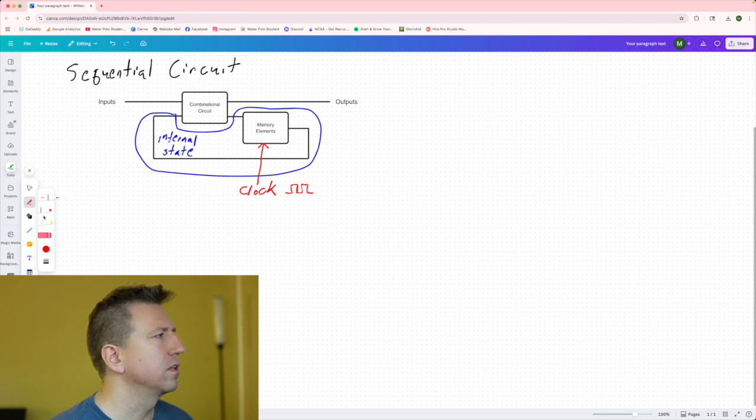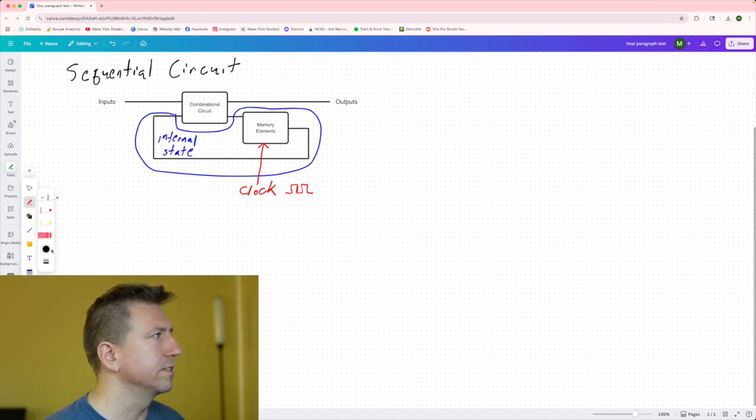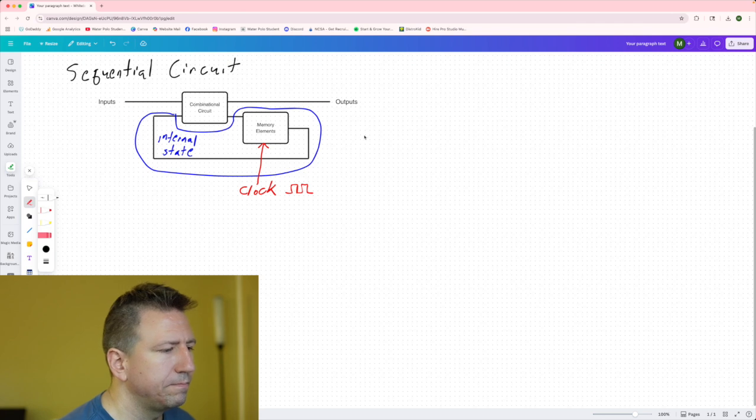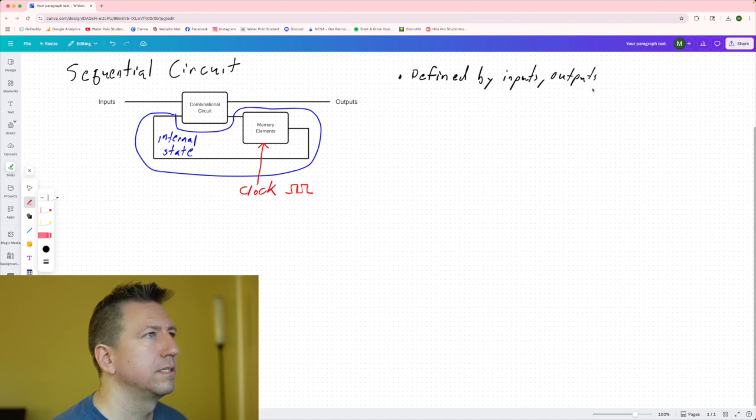So I just want to go through a little bit of some definitions and introduce us to the basics of the sequential circuit. As we said, it's defined by its inputs, outputs, and state of the circuit.